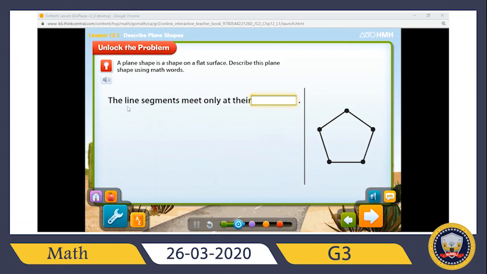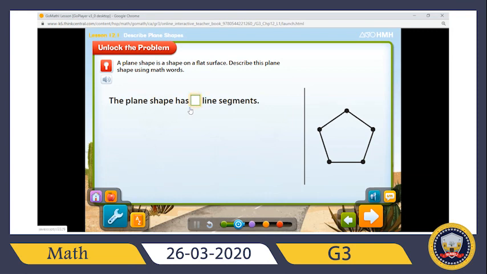The next sentence says the line segments meet only at their... They meet where? Check it. They meet at their endpoints, right? So these points represent their endpoints because they are line segments, and line segments have two endpoints. So they meet only at their endpoints. What about this?